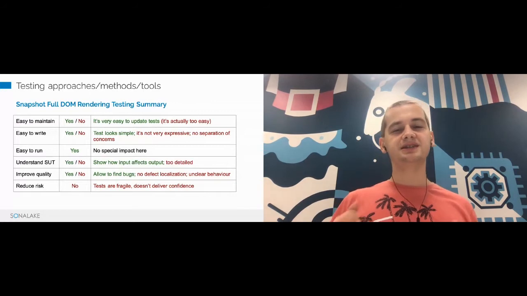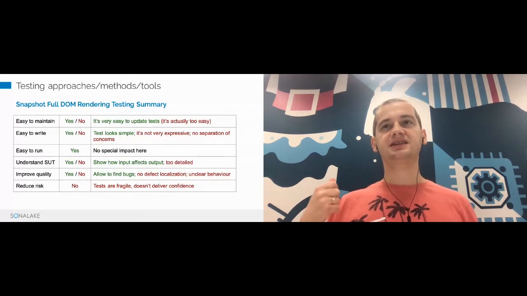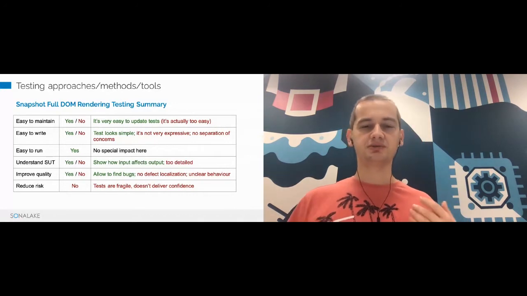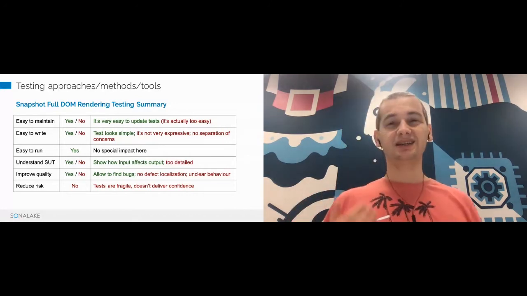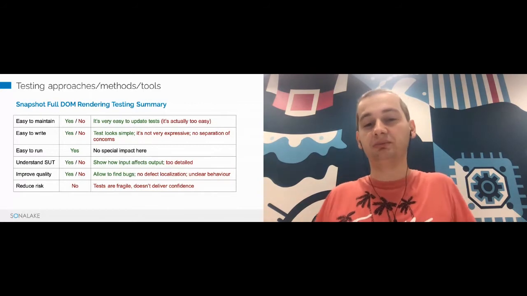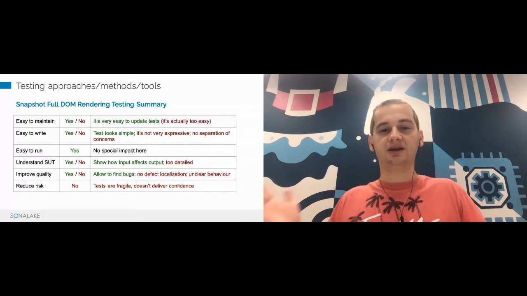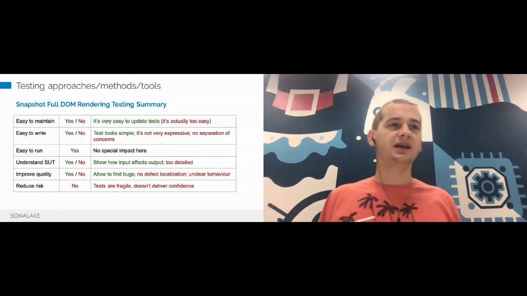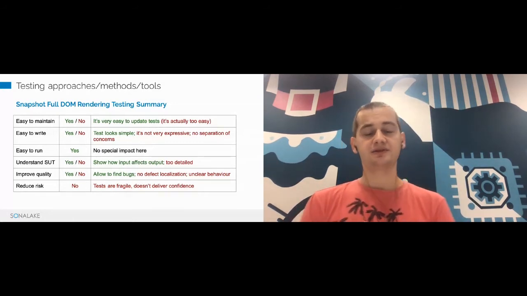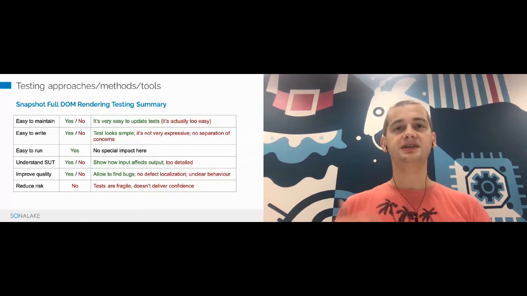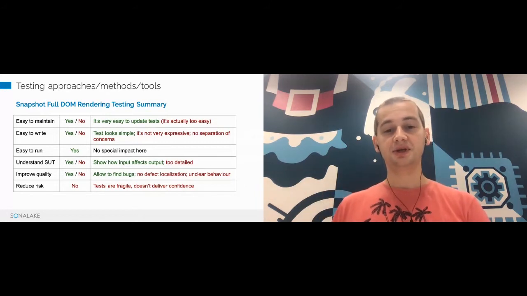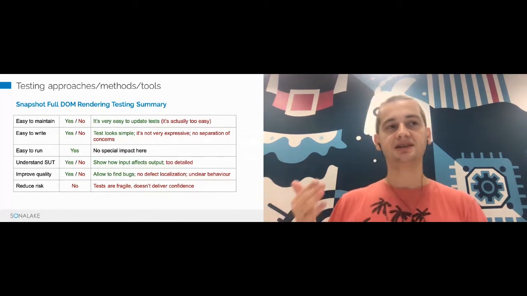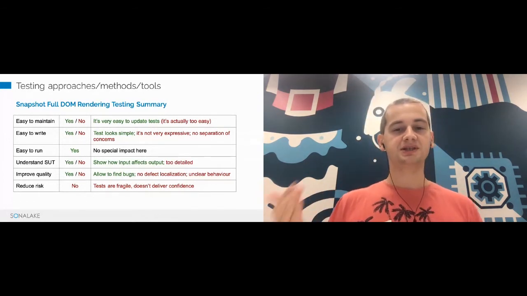Unclear behavior: it does not work as a specification just because of the verbosity. It's unclear to understand what the impact is, and it's just the whole state. I don't have any other details. And also, it does not reduce the risk. Tests are fragile. They don't deliver confidence because when I do any change, it starts failing, and it's irrelevant from the test perspective.